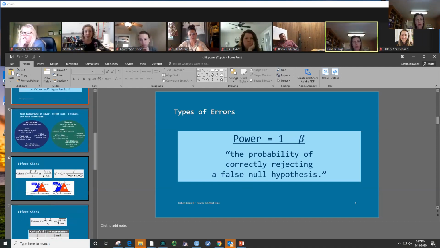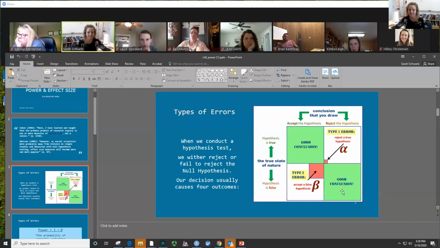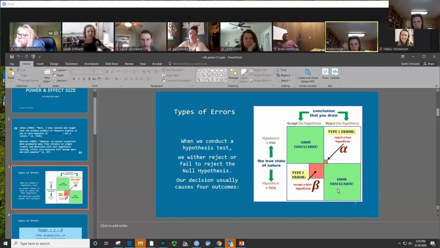So, hey, Sarah, wait. Go back to that slide. On the bottom right-hand side where it says good conclusion, is that power? That's rejecting when it's in fact false. So would that be the power of your test there?